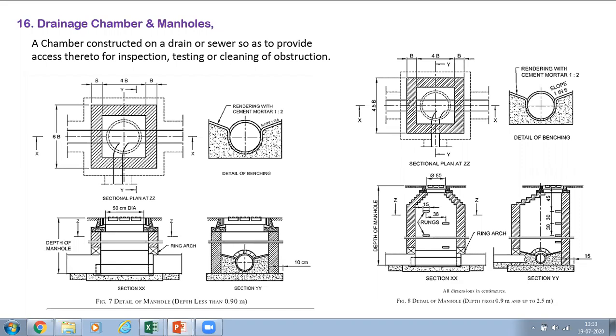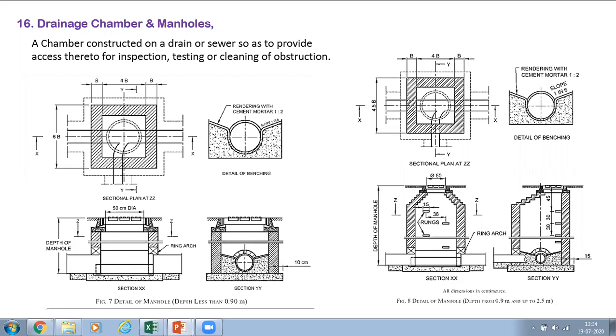Based on the thumb rule also you can save the cost. Suppose your manhole size is 1.2 meter, then your depth can be 2.4 meter. That means up to 2.4 meter you can use that size of the manhole. So like that you have to keep in mind.